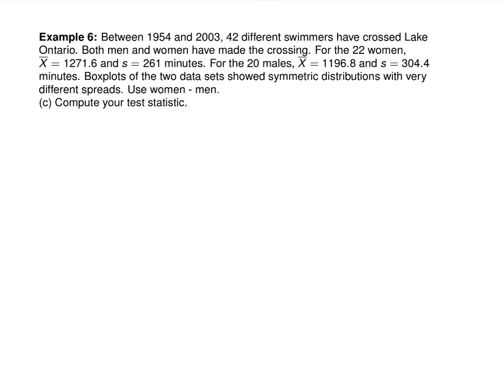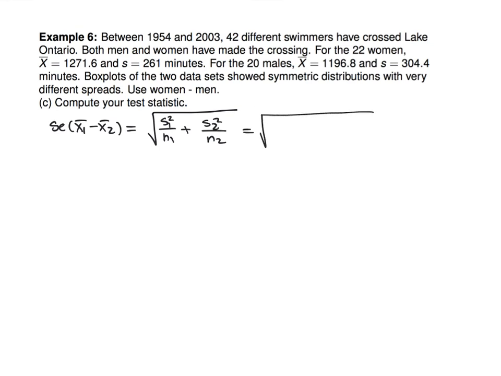All right, find your test statistic. So the standard error of x1 bar minus x2 bar, since we're using the unpooled procedure, is the square root of s1 squared over n1 plus s2 squared over n2, which in our case is 261 squared over 22 plus 304.4 squared over 20.